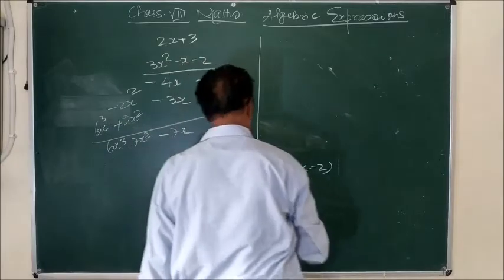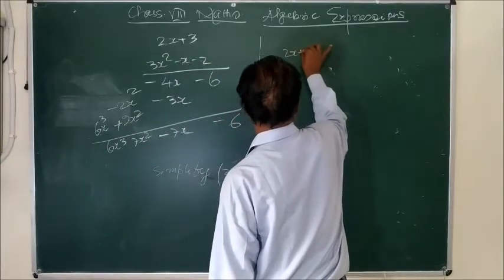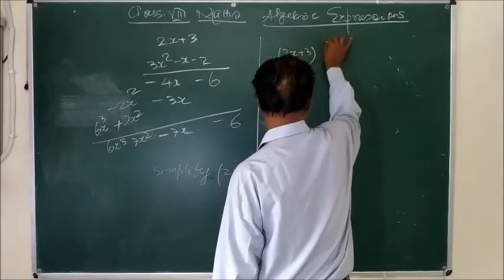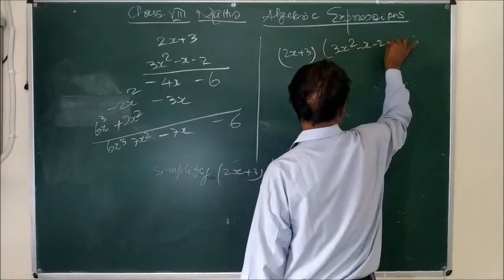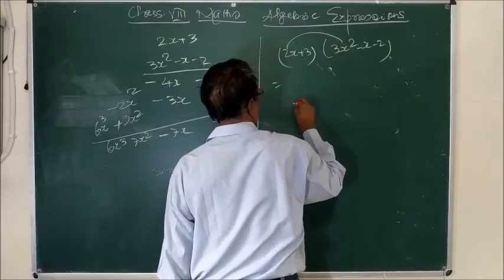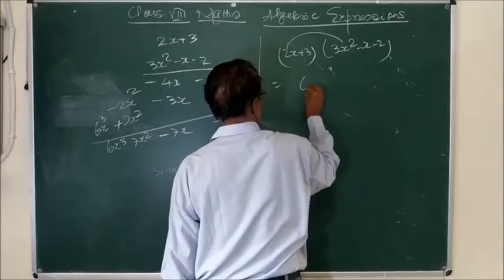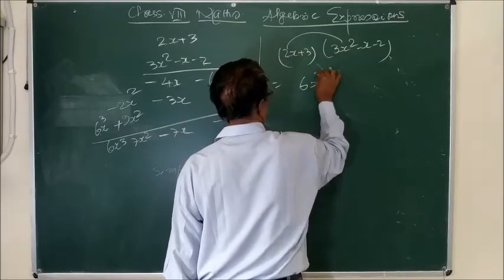Now if you multiply by the horizontal method, now you see how you will do it. So this is the question, 3x squared minus x minus 2. You multiply 2x into 3x squared, 2 into 3, 6, and x into x squared, x cubed.